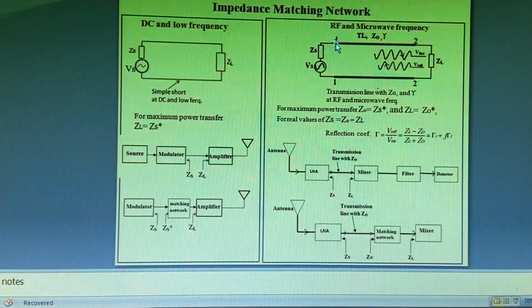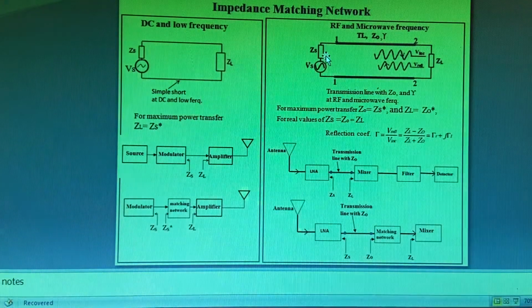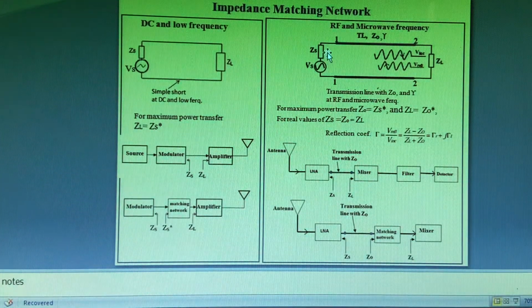Similarly, the signal leaves the source with the source impedance Zs. Whenever it enters terminal 1, if there is a mismatch, a discontinuity takes place. Discontinuity means impedance change. The signal leaves with impedance equal to Zs, but whenever it enters terminal 1, the impedance is equal to Z0. So automatically there is a mismatch.